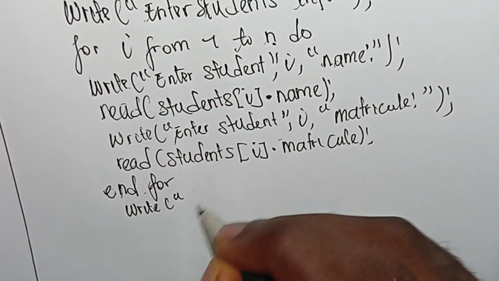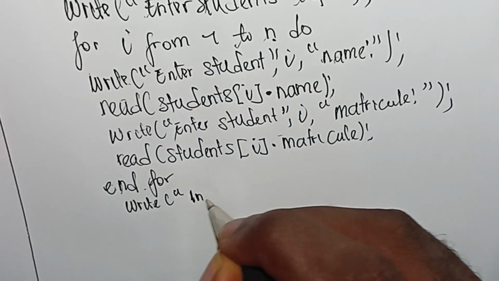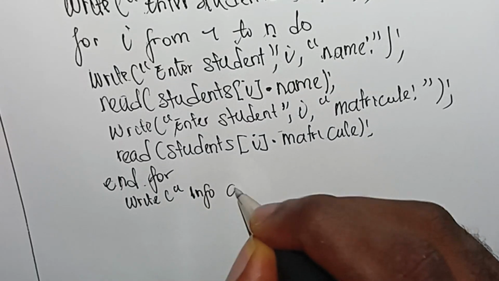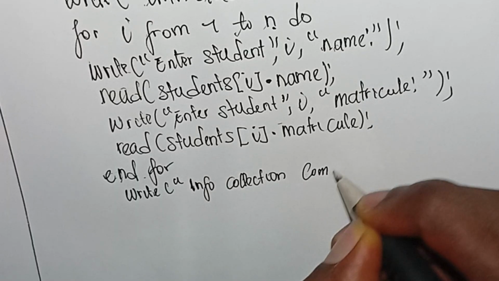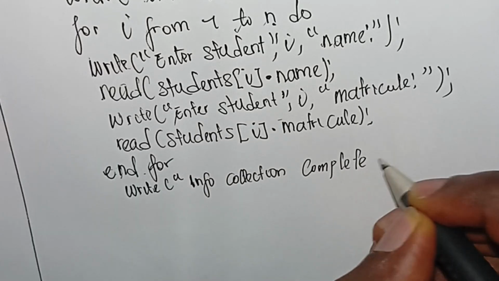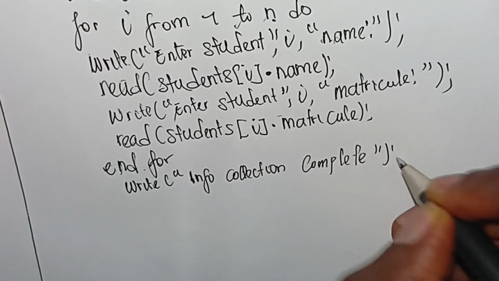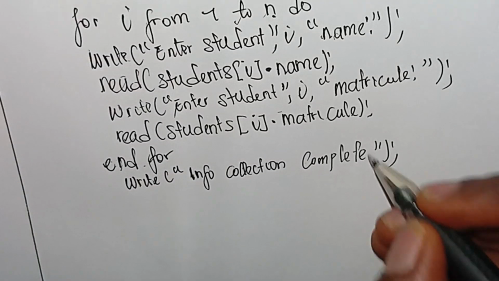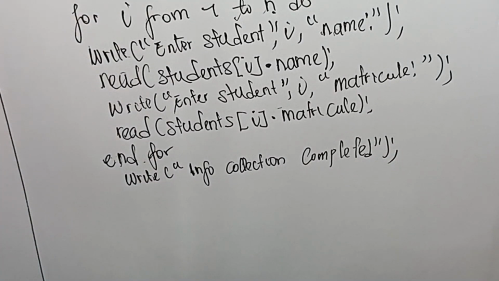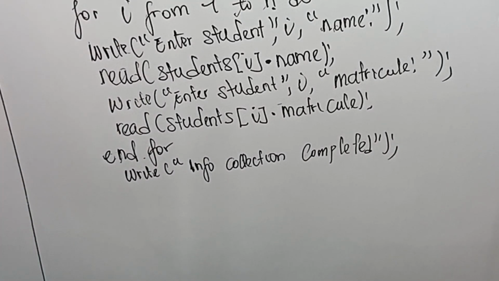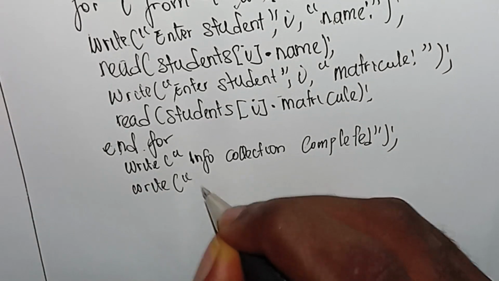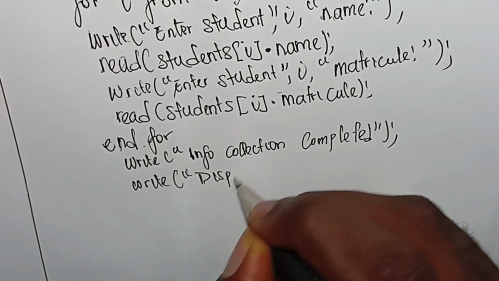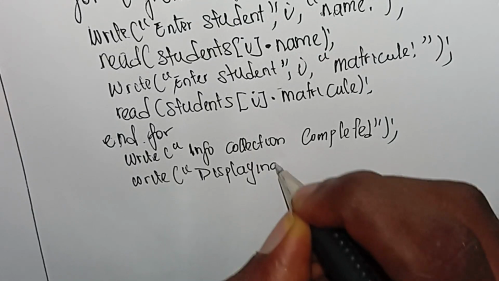Or we want to say info collection completed. Well, the message depends on you since you're the one writing the algorithm. Completed. Good. Now we want to display the message. So we want to write displaying collected information.